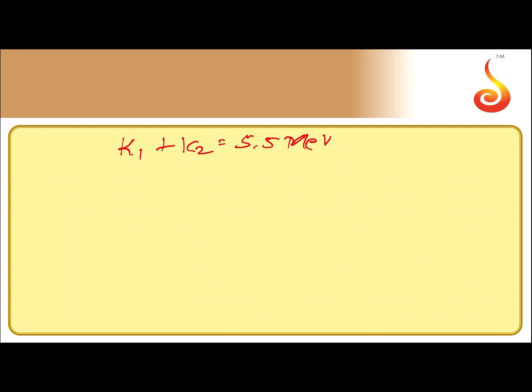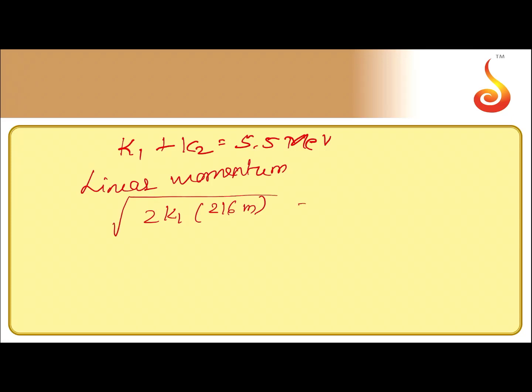Now from conservation of linear momentum, I can write under root 2K1 into 216m should be equal to under root 2K2 into 4m. What is this 216m? This is the mass of the remaining nucleus.